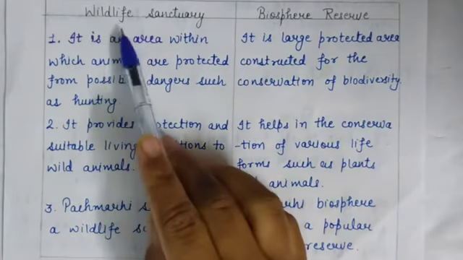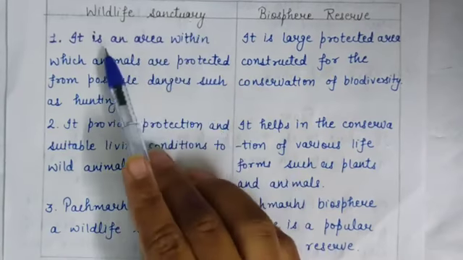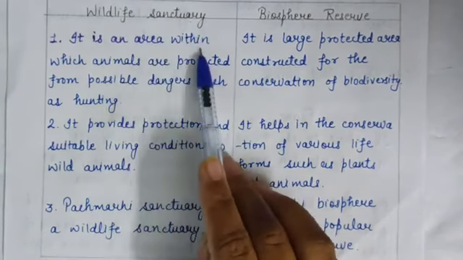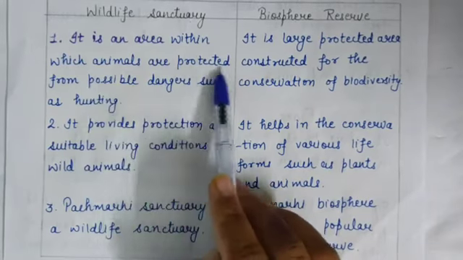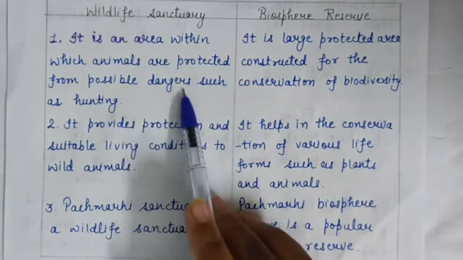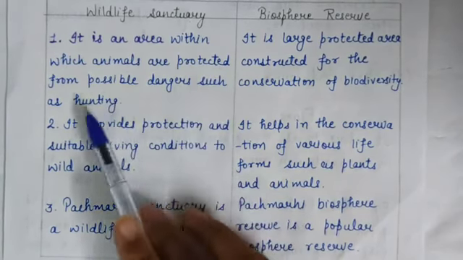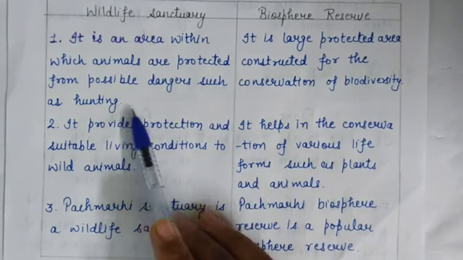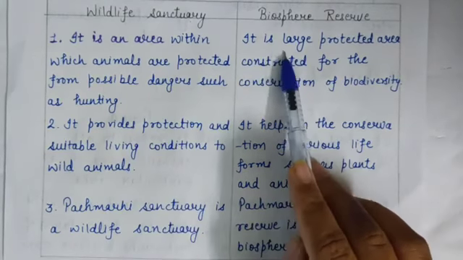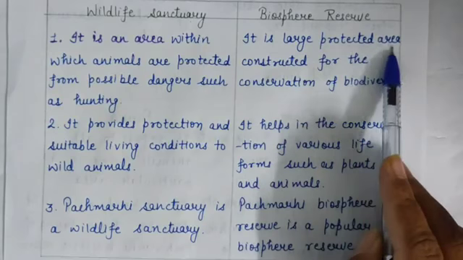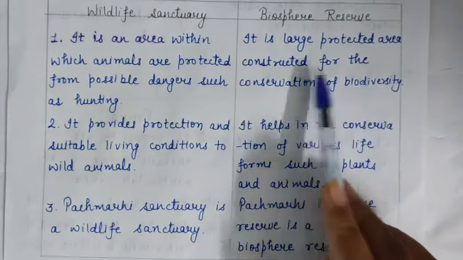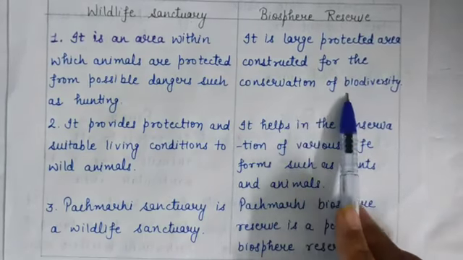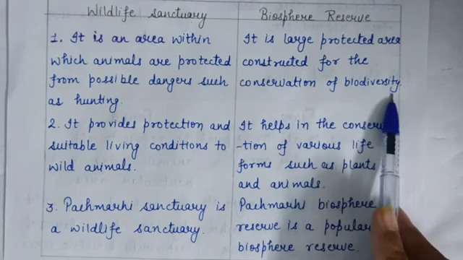So the answer is wildlife sanctuary is an area within which animals are protected from possible dangers such as hunting. Whereas the biosphere reserve is a large protected area constructed for the conservation of biodiversity.